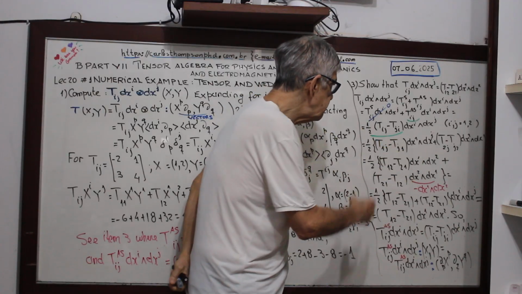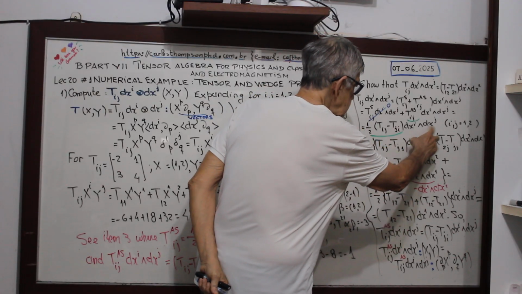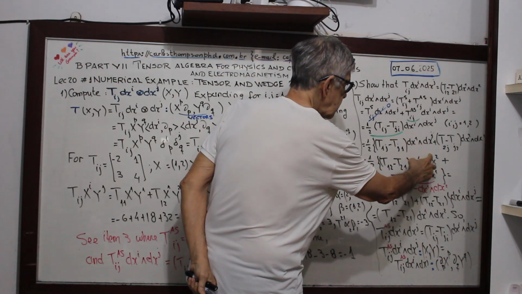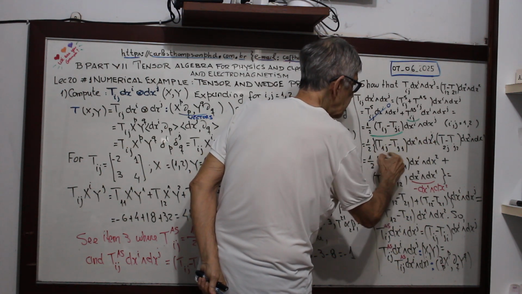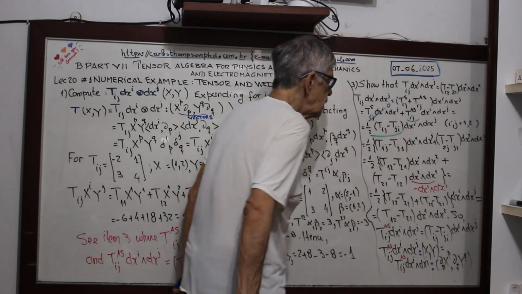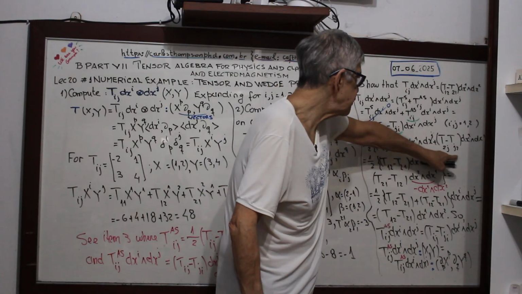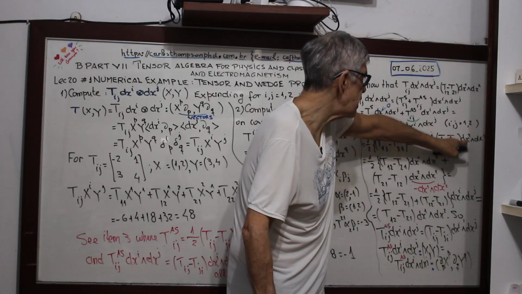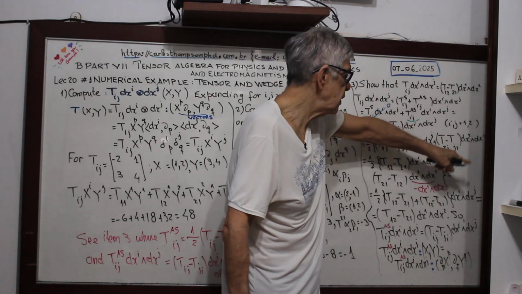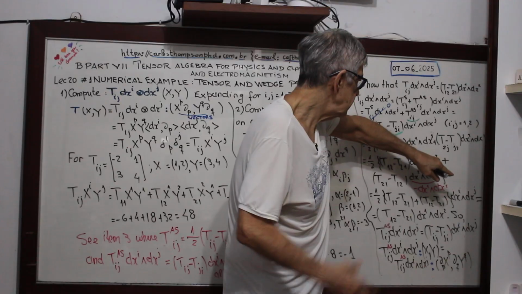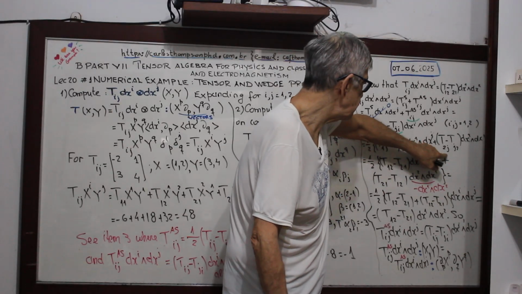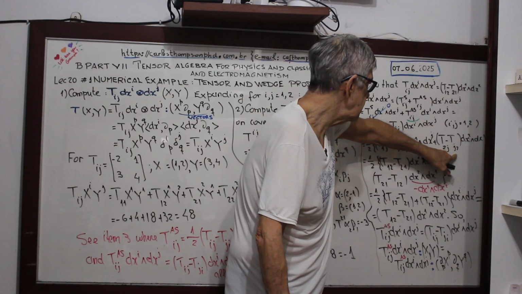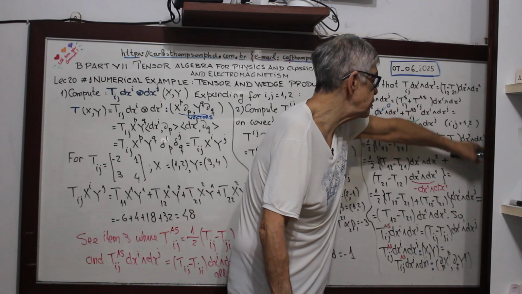So the only valid j here is 2, because if I expand for 1, 1, this will be 0. Likewise, for dx^2 wedge dx^1, the only nonzero case will be for j equal 1 again.